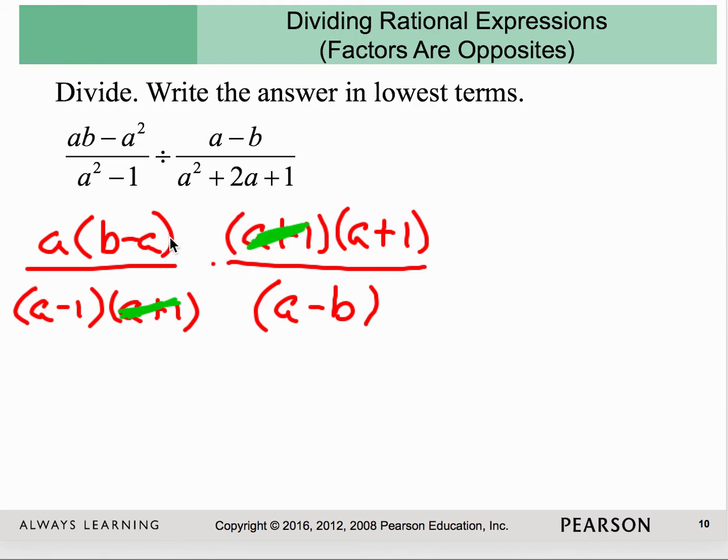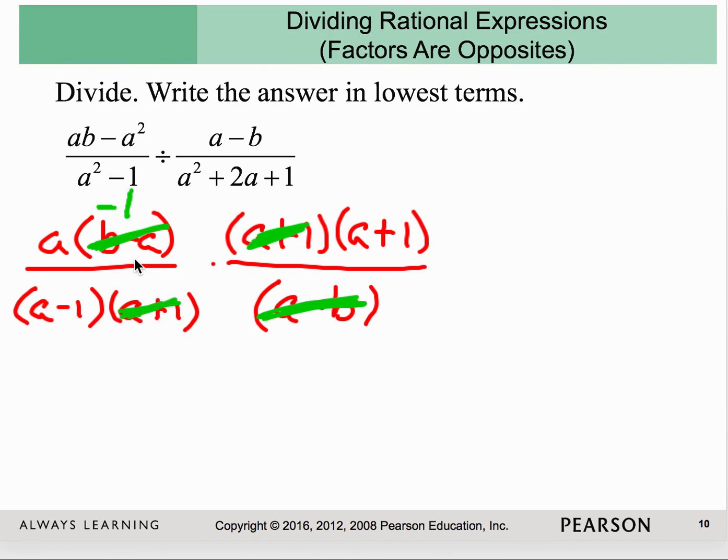Okay, look at these. This is a b minus a and an a minus b. They're not exactly the same. So my thought is, are they opposites? Minus plus, plus minus. They're opposites. That means I can automatically cancel them, and what's going to be left is a negative 1.